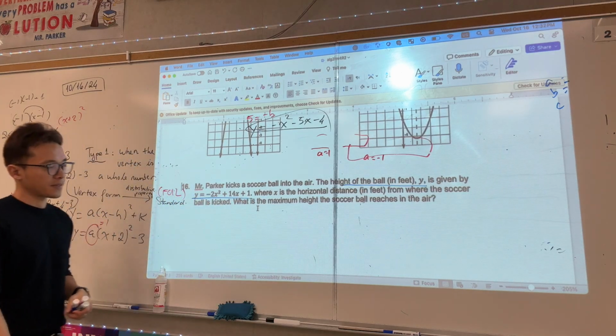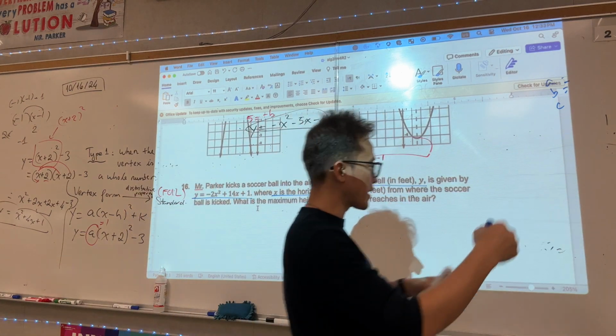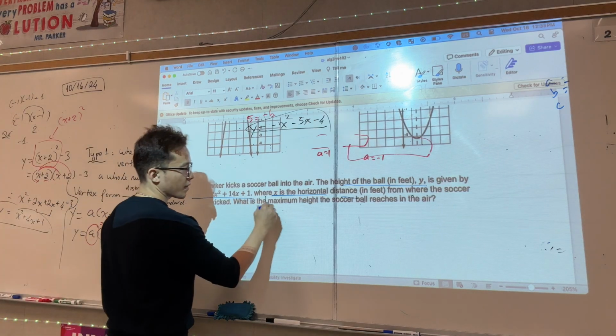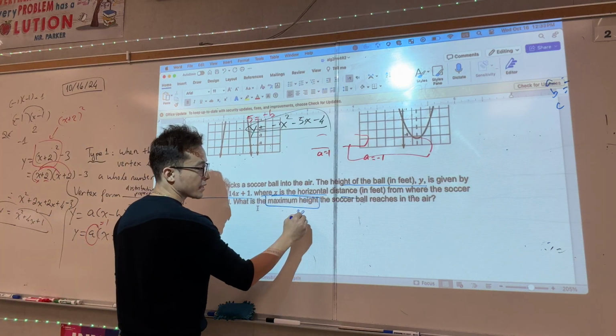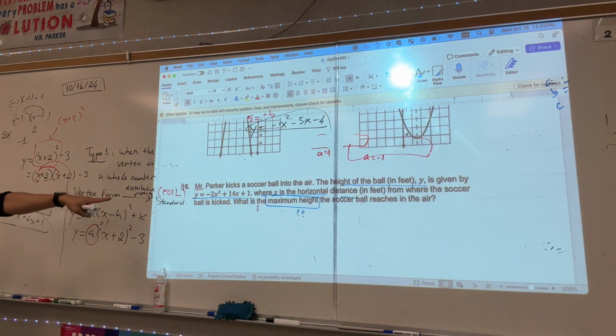Yes, that's the function. Highlight X is the horizontal. Very good. Thank you. And what's the question? Maximum height. So box it. That's the question you need to find. Even though there's a lot of wording right here, none of it is necessary.